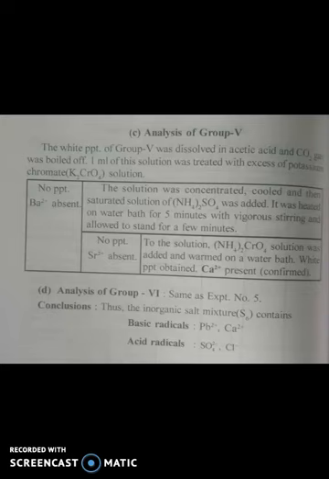For the given mixture, you observe physical characteristics, then dry test for basic radical, then dry test for acid radical, then wet test for acid radical and wet test for basic radicals, then analysis of group 1 and analysis of group 5, and on the basis of that you make your conclusion and write which basic radicals are present and which acid radicals are present. So this is all about salt analysis.